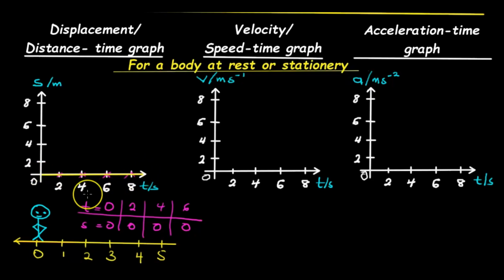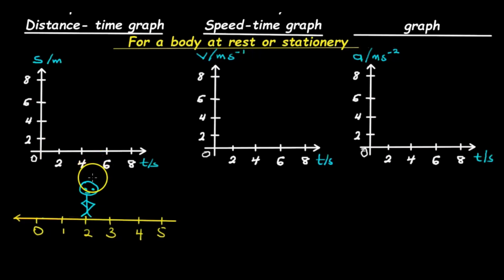For the sake of this video, we are going to assume that this gentleman has moved and was originally at a distance of 2 meters before you started to describe his or her motion. Assuming you met the person or the body or the object and it has already covered a distance of 2 meters and you want to describe its motion.